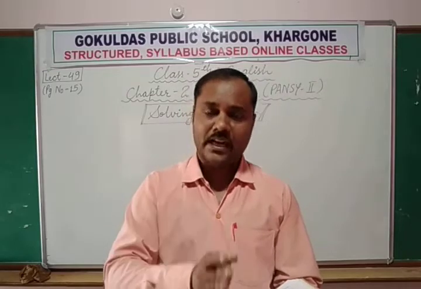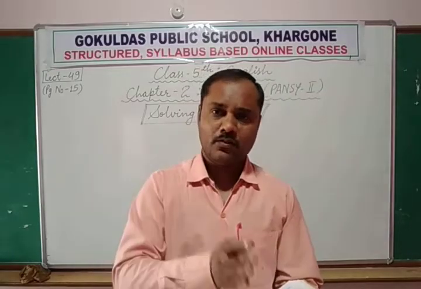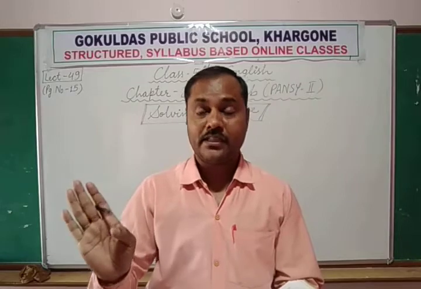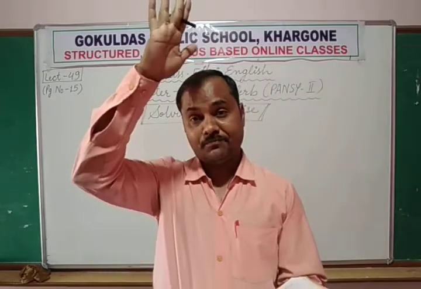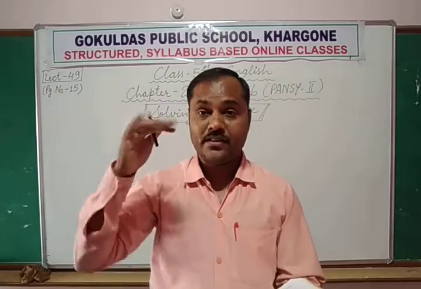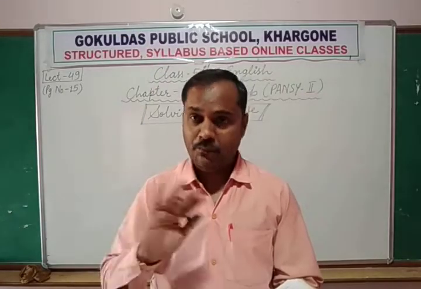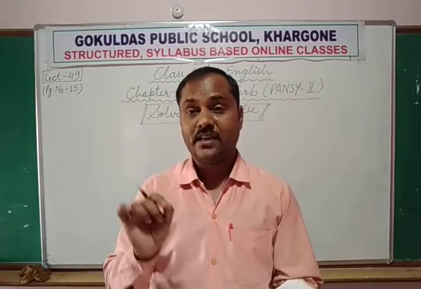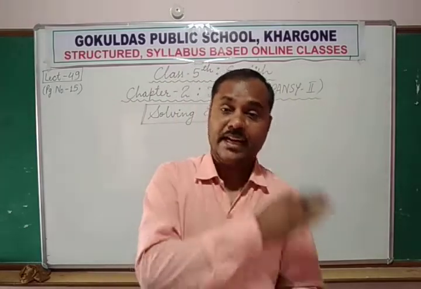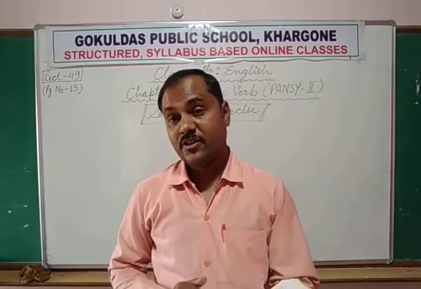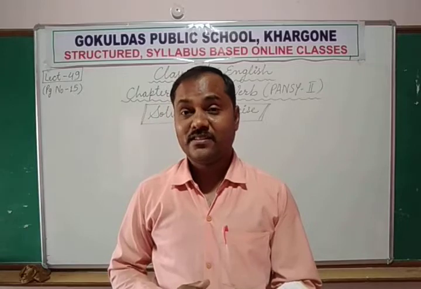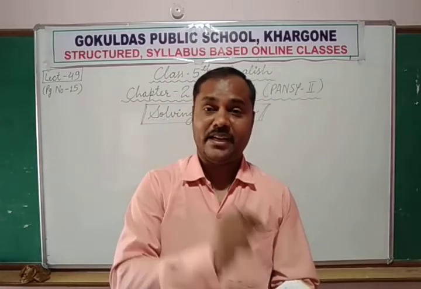Verb is the last thing, subject and verb. The sentence is complete, just like birds fly. Birds fly, pakshi udte hain, sentence complete. But some sentences require some predicate to complete the sentence. At that time they are called the verbs of incomplete predication.